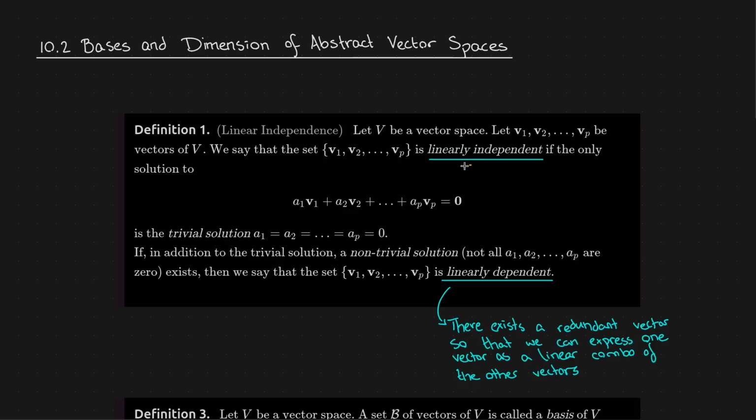And if the vectors are linearly independent, that means there's not that redundant vector.